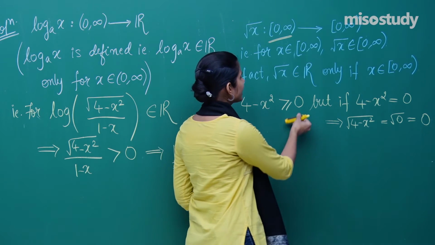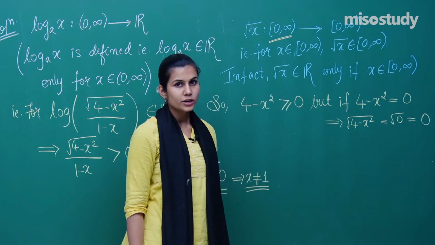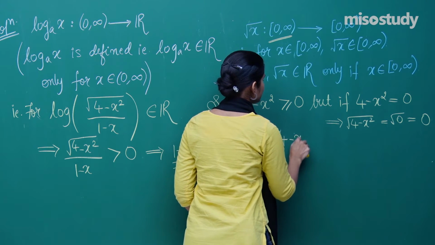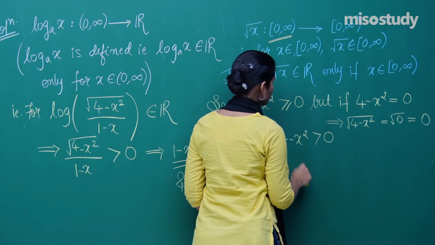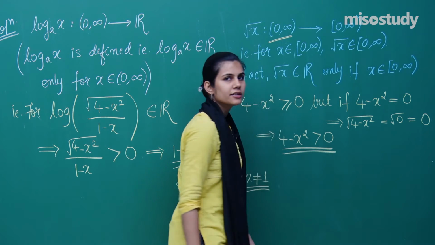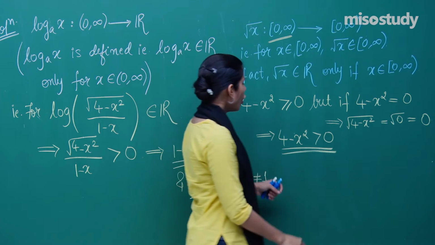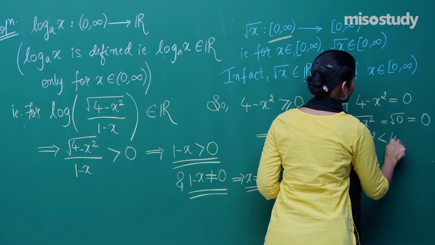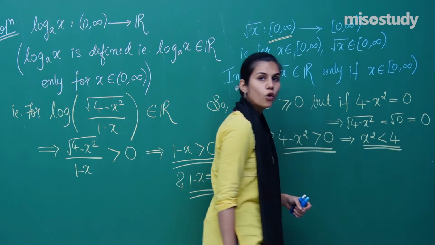And so I cannot take 4 minus x squared to be equal to 0, and this implies 4 minus x squared will have to be strictly greater than 0. Or I mean by this, x squared has to be strictly less than 4.